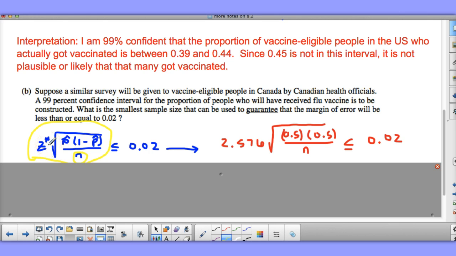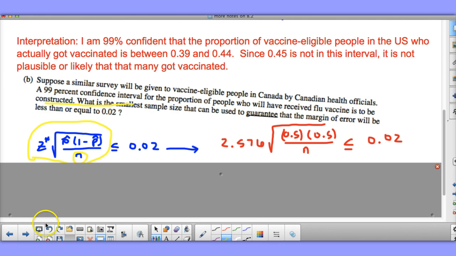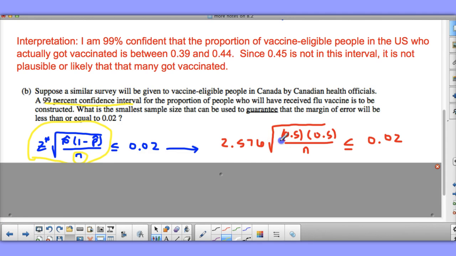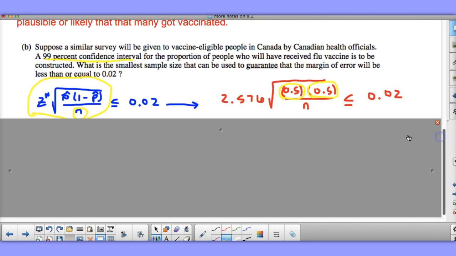That's 2.576 because once again we're still using a 99% confidence interval. However, as I mentioned in class today, we're not necessarily sure before we do our survey the value of p hat. So to do a conservative estimate, we're going to use the largest product possible, which is 0.5 times 0.5. And we want this to be less than or equal to 0.02.